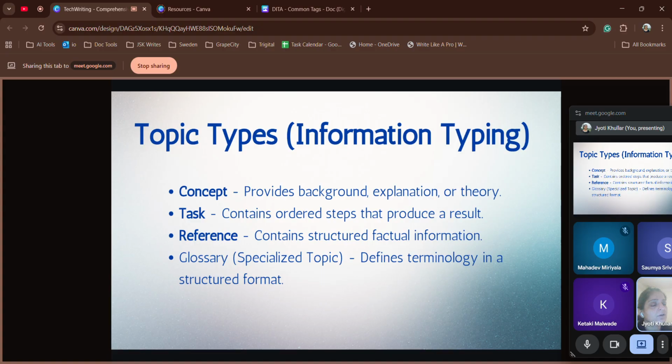So whenever you create a glossary anywhere in that particular project, it will follow the same structure every time. So you define glossary का function, because it is a specialized topic, glossary in itself means that it is meant to define terminology, but in a structured format, and that structure comes from DITA by specializing one of the topic types.